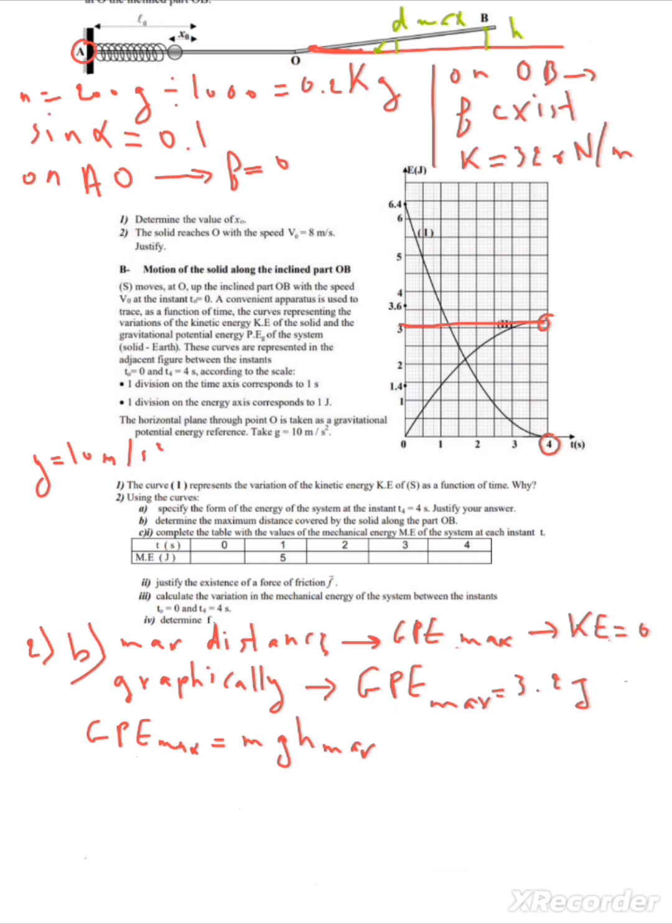We have sine alpha equal h over d max, so h equal d sine alpha.